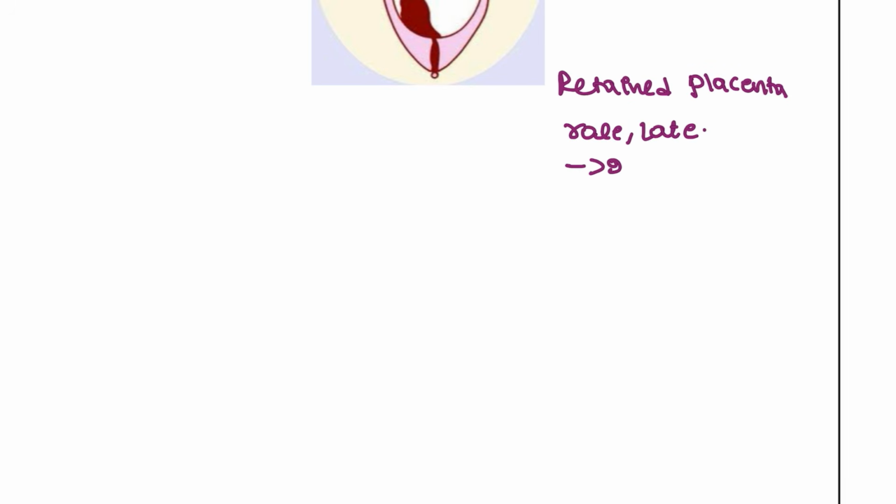Next condition, this is the retained placenta. Retained placenta is rare and a late cause, where bleeding is seen from more than 24 hours to 1 week. Another type is uterine hematoma.